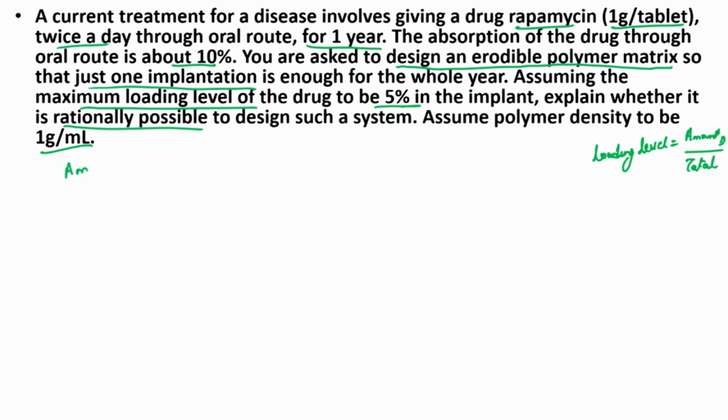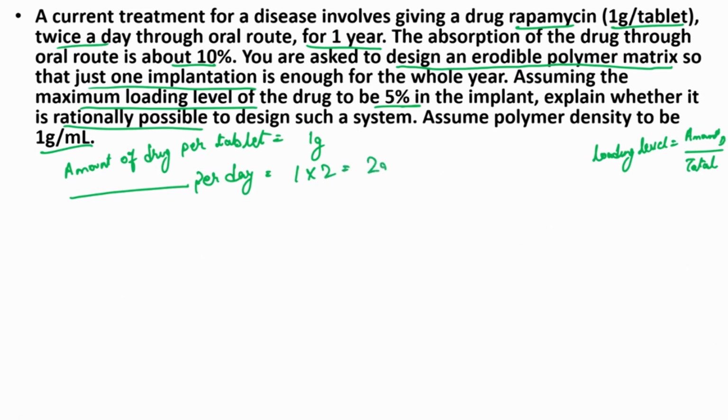Amount of drug per tablet is 1 gram. And then this tablet is taken twice a day. So, amount of drug per day is 1 into 2, which is 2 grams that is being taken. Now, this is being taken for 1 year.